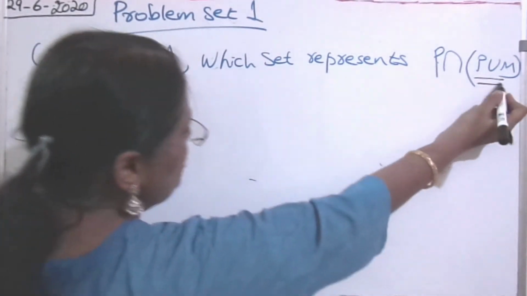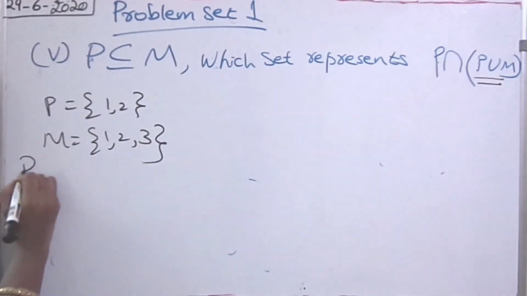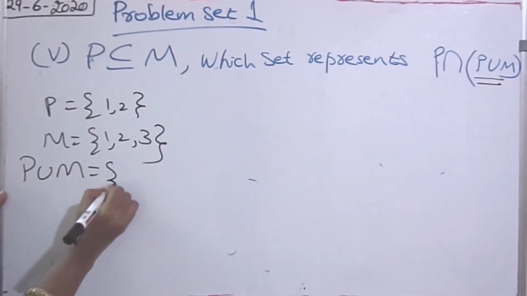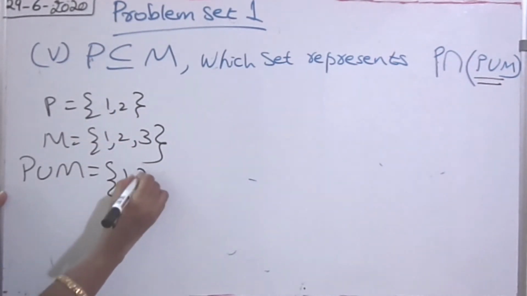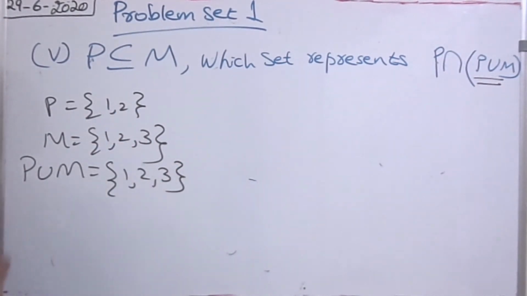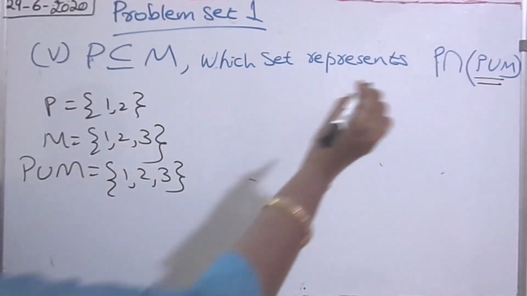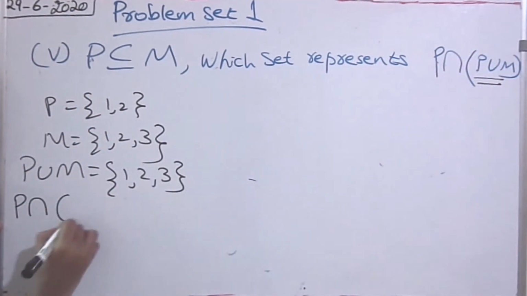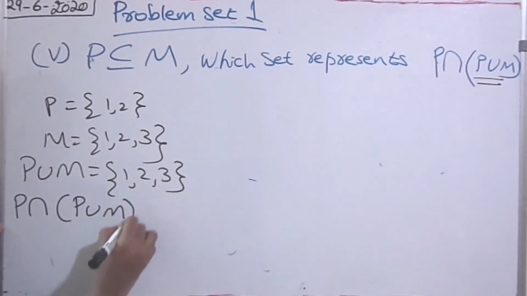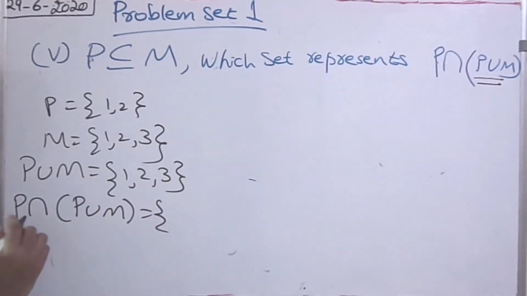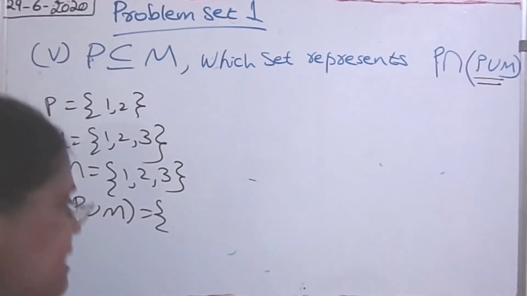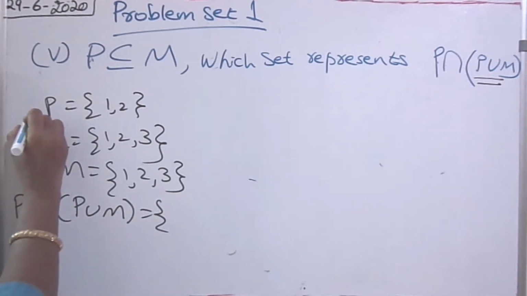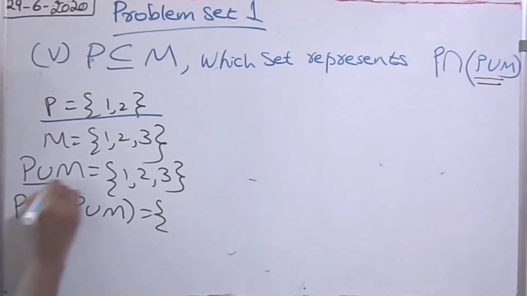So first let us find out what is P union M. P union M means join them up. Common ones only once: 1, 2, 3. P union M is 1, 2, 3. Now you want to find out P intersection P union M. Intersection means common. Common in set P and set P union M. So I am marking it. P is this and P union M is this.